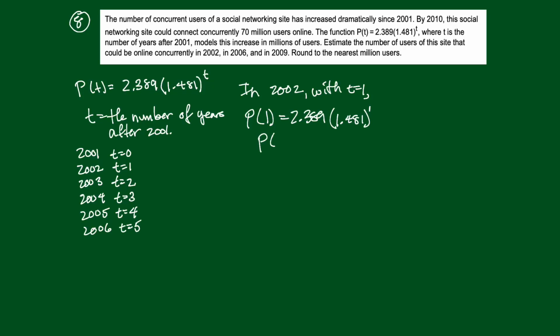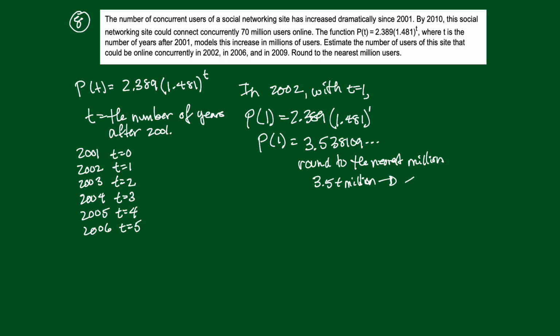My calculator says that P of 1, 1 year after 2001, that is in the year 2002, I get 3.538109, probably keeps on going, but what we want to do is round to the nearest million, and all of these are in millions. So we're dealing with 3.5 plus million. Let's round that up to 4 million. So in 2002, we could expect 4 million concurrent users.